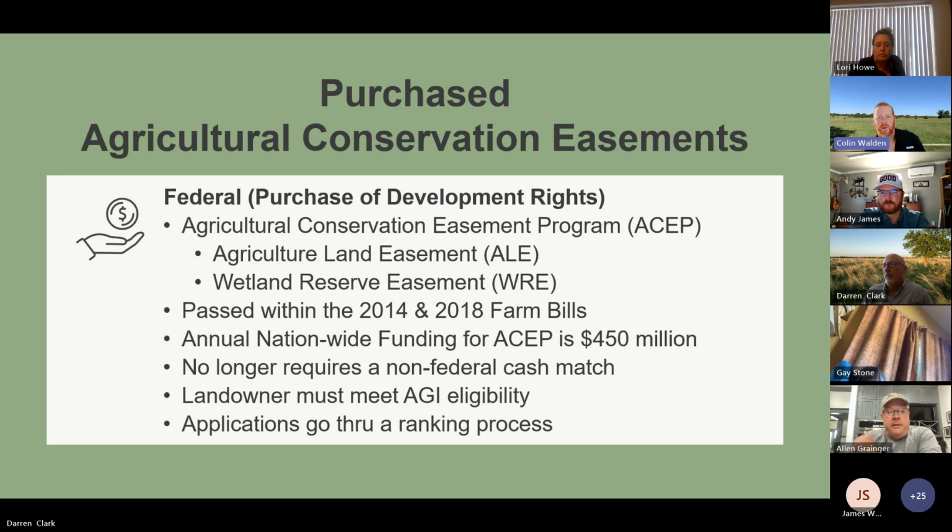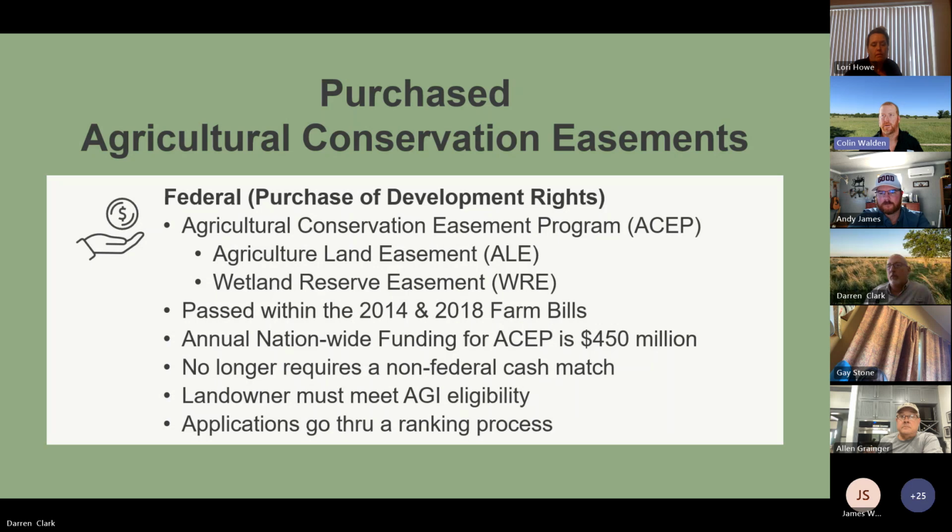As with any farm bill program, participants have to meet FSA, Farm Service Agency, eligibility for farm bill programs, including AGI and some other requirements. So you have to have records with Farm Service Agency to participate in this program. And like most other farm bill programs, it's a competitive application, competitive ranking process.